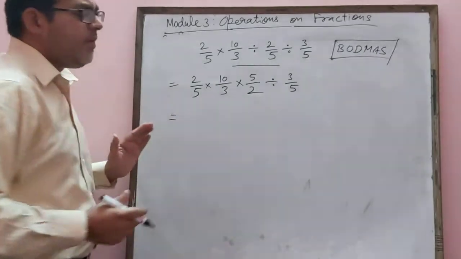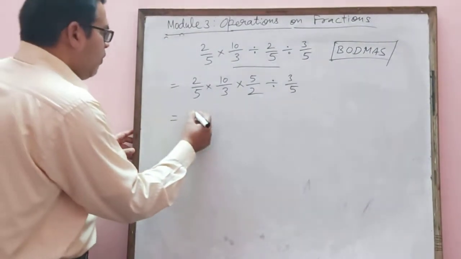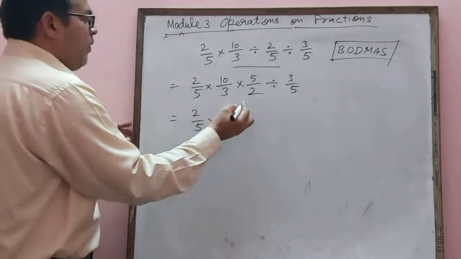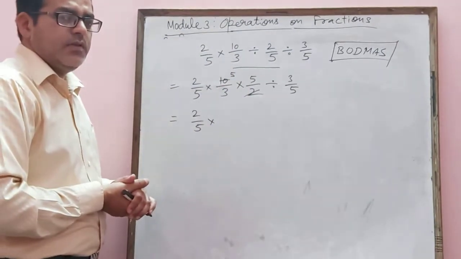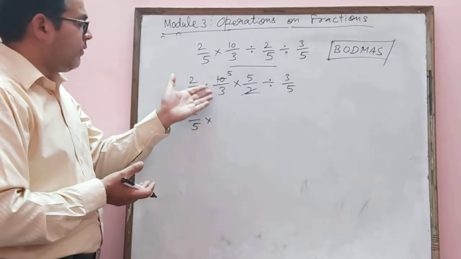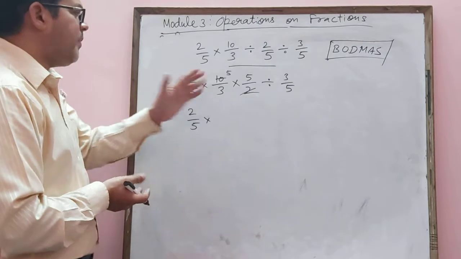In one step, we have to solve only one operation. So 2 upon 5 into, now we have to solve this one. You can see here by 2, 5 times it's divisible, since 10 is in the table of 2 and 2 is also there in the table of 2. So 5 times it is divisible.